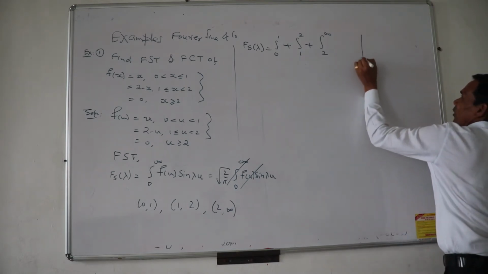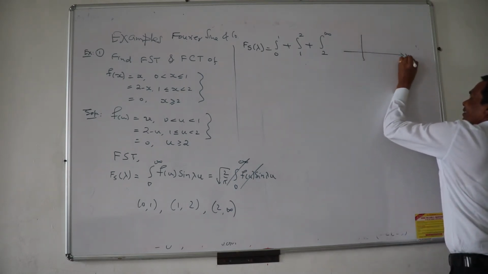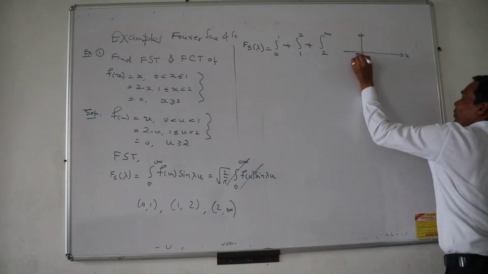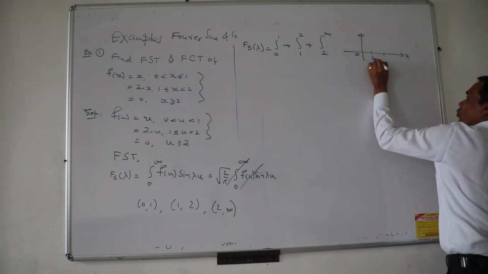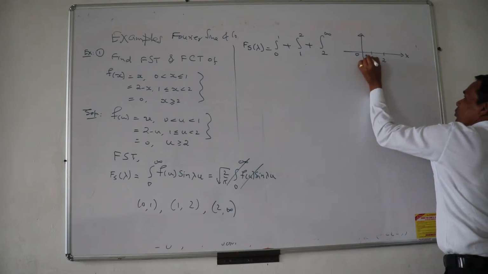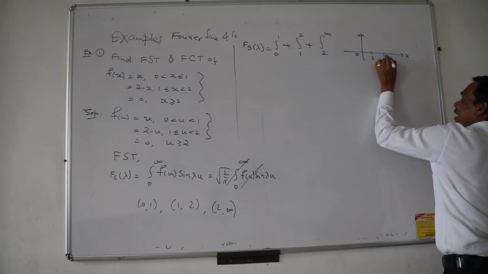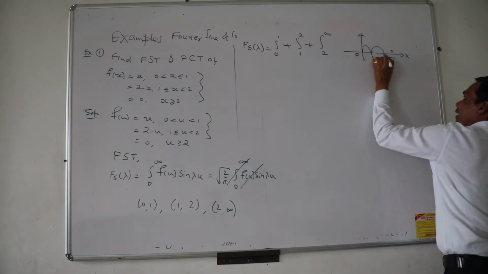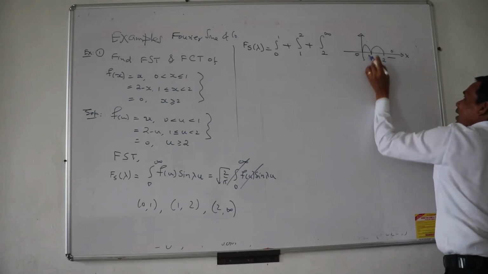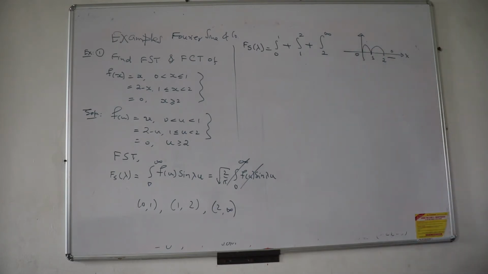If you see it diagrammatically, it would be this: 0 to 1, 1 to 2. This is 1, this is 2 here. Here the function is defined as a straight line, it's also a straight line, and here it becomes 0. Here is the function's first part, second part, and then it becomes 0 there.